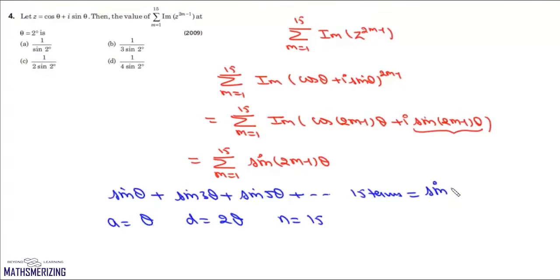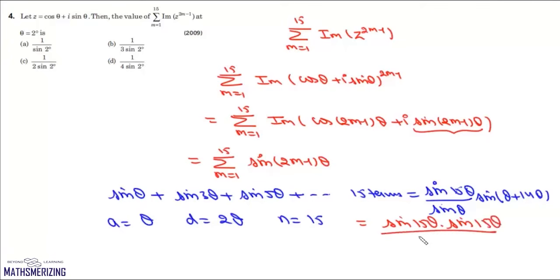So it will be sine 15 and d by 2 is theta upon sine d by 2, which is sine theta, into sine A, which is theta, plus n minus 1, which is 14, and d by 2 is theta. So we can write this sum as sine 15 theta into sine 15 theta upon sine theta.